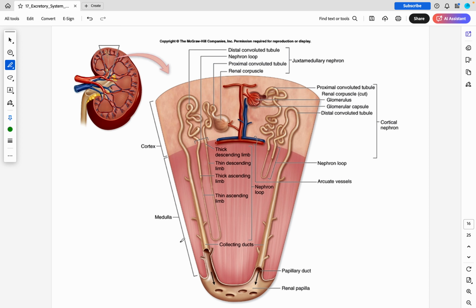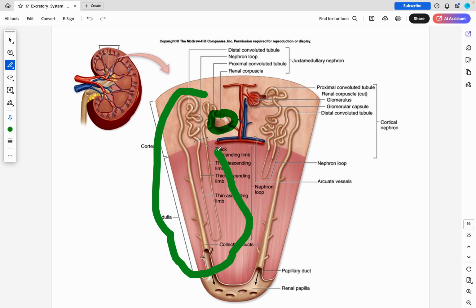We divide the nephron into different parts. There is the renal corpuscle, this sac here, and then there is the tubular part, which is all tubules.